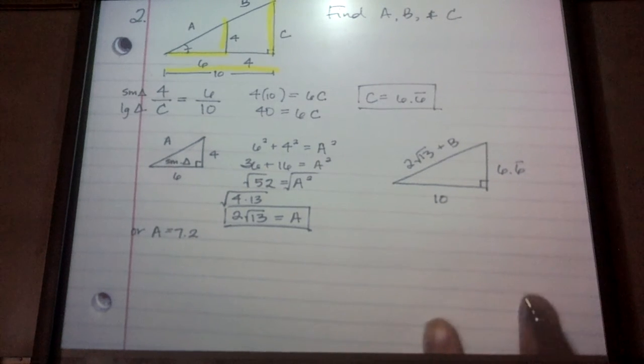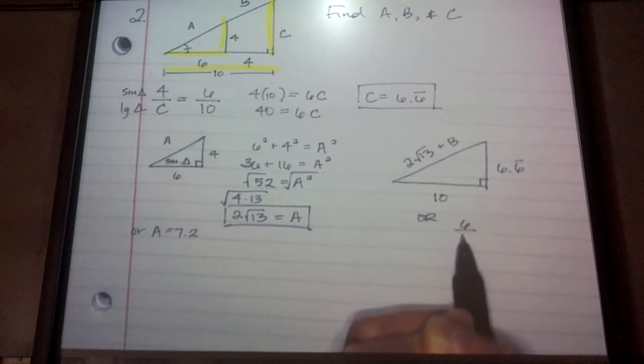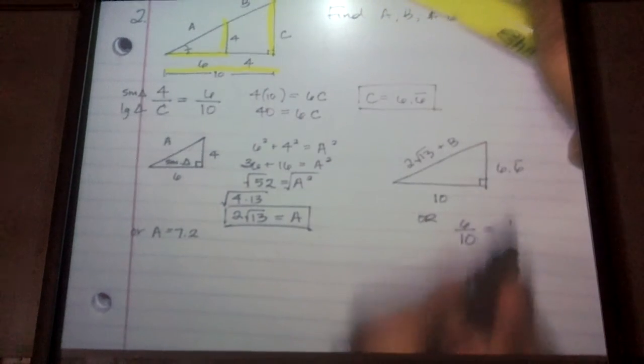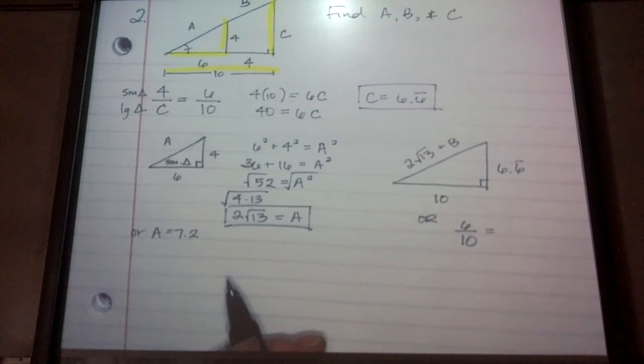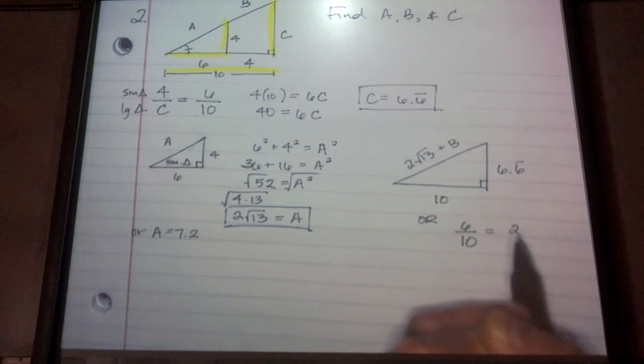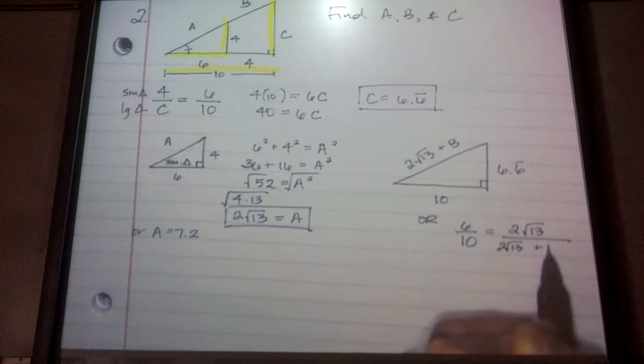So I'm going to do 6 is to 10 as 2 radical 13 is to 2 radical 13 plus b.